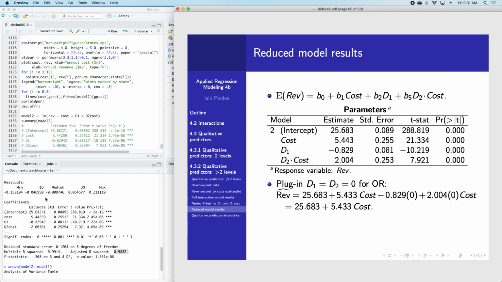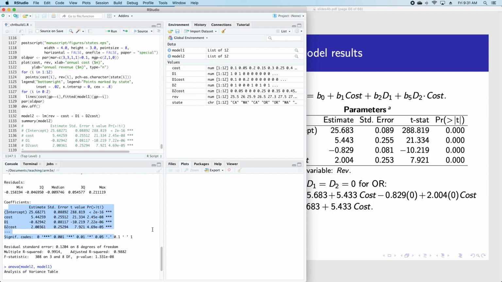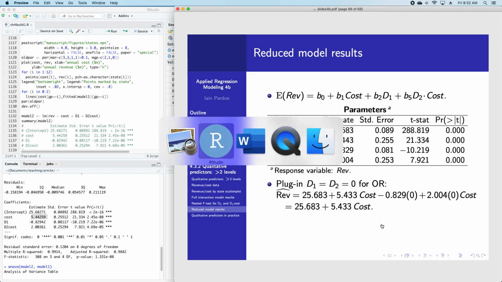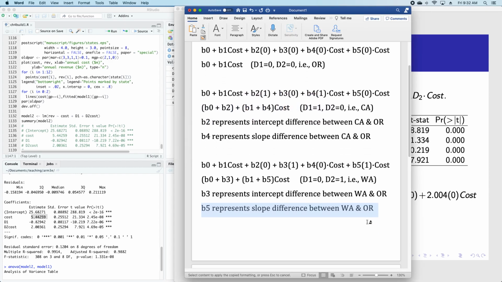So that was this output here, and I can use this to obtain an equation, a fitted prediction equation for revenue based on cost and which state. So here's b0 hat, here's b1 hat, and so on. So here's my full equation. Okay, and actually let's go to here again.